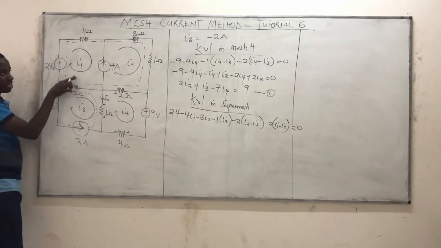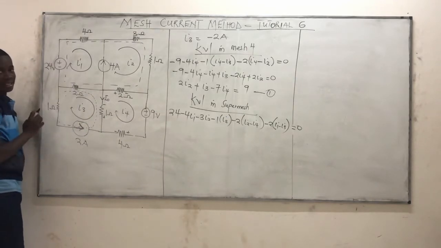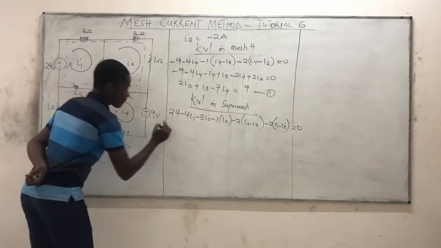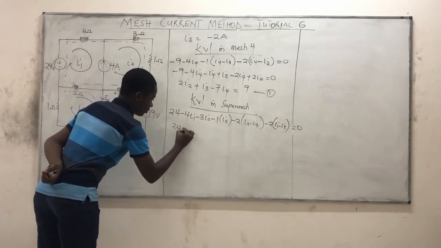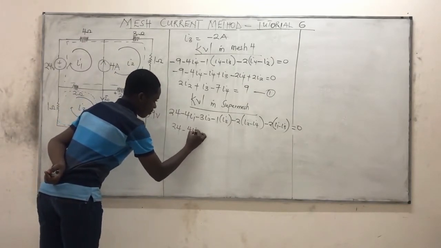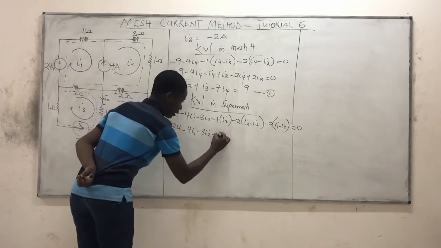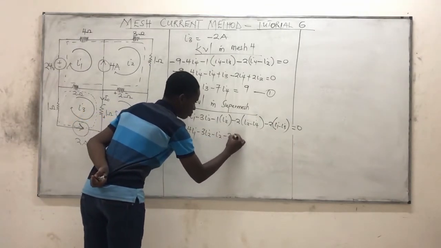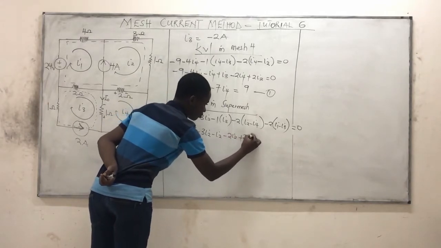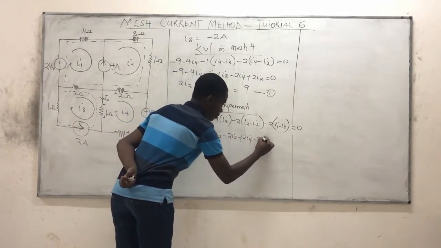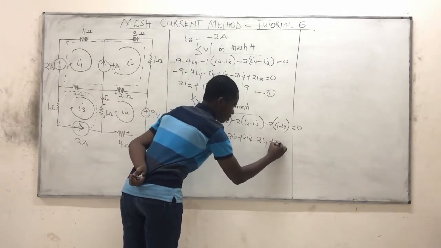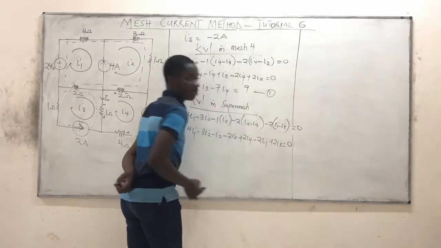Then we came to these 2, which is I1 minus I3. So let's expand this. We have 24 minus 4I1 minus 3I2 minus I2 minus 2I2 plus 2I4 minus 2I1 plus 2I3, giving us 0.